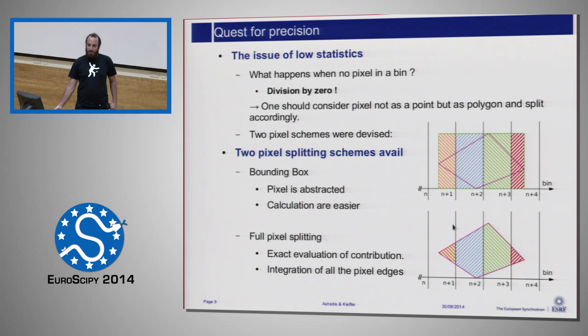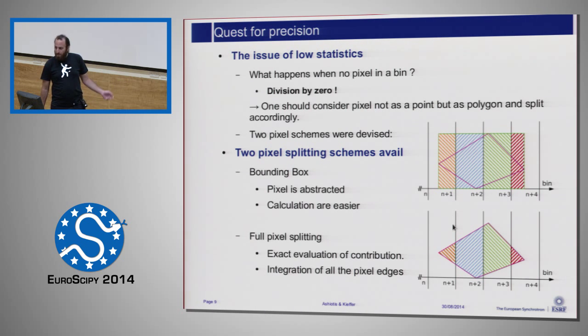That means that many bins remain unpopulated or sparsely populated. One way to go around this is to consider the pixel not as a point in space, but actually as a polygon. And when it spans over more than 1 bin, we split the contribution to both bins. That's what we call pixel splitting.